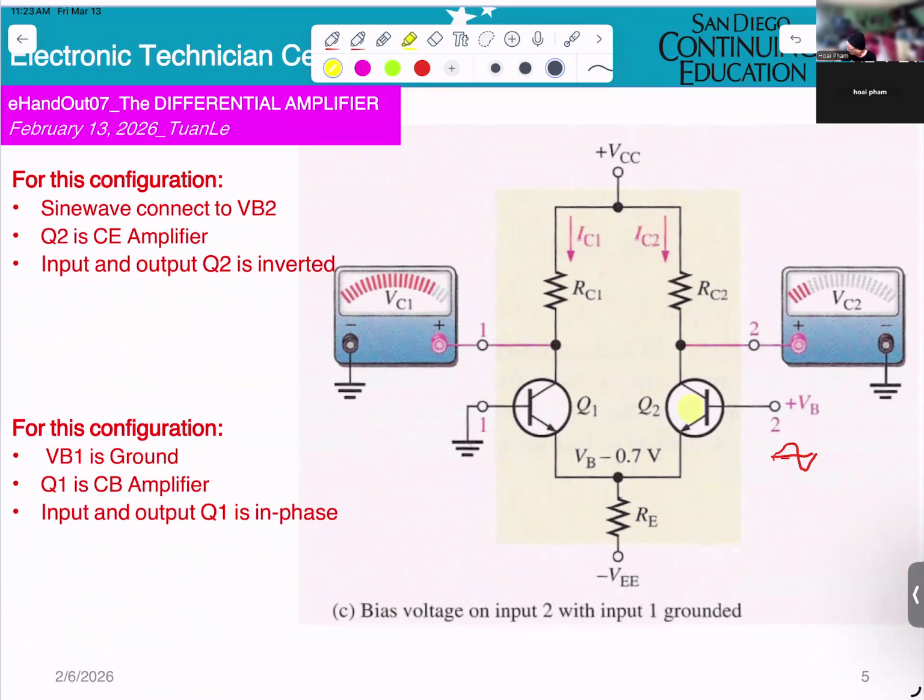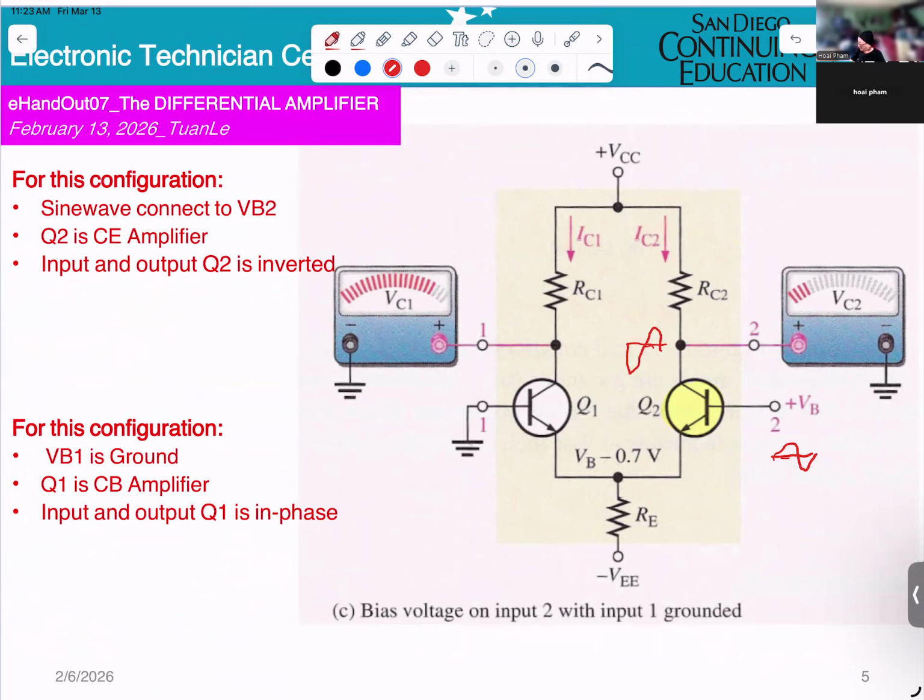They're telling you now Q2 will be common emitter. Okay, so the output here will be opposite with the input.